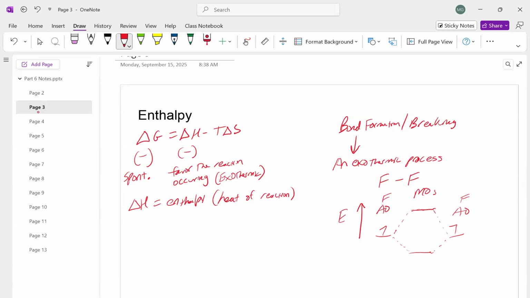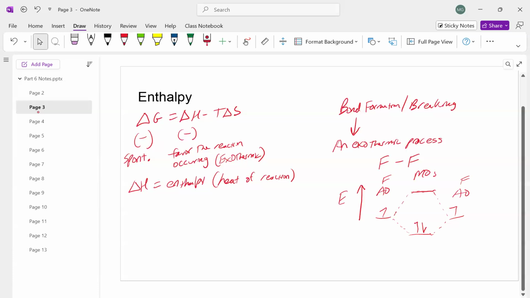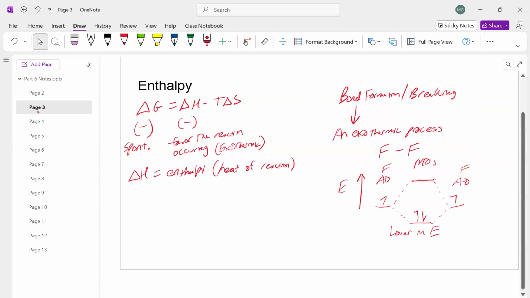We have a bonding molecular orbital and an anti-bonding molecular orbital. The bonding molecular orbital is lower in energy than the atomic orbitals. So energy has to be released in order to form that bond. That's why it's an exothermic process.